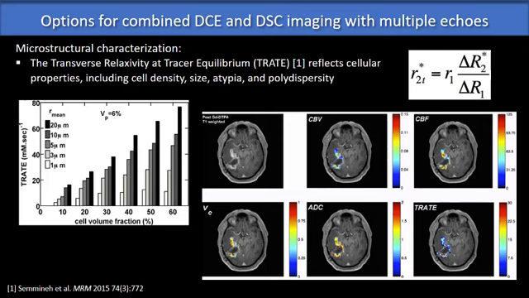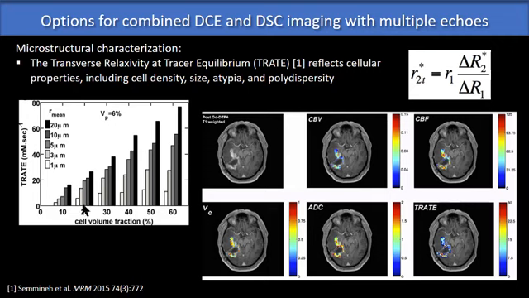Another paper came out in 2015 that looked at a similar little r2* term. They did it at tracer equilibrium, which gets rid of some of the time dependence. They showed that it reflects cellular properties.